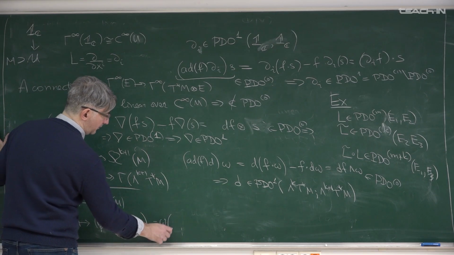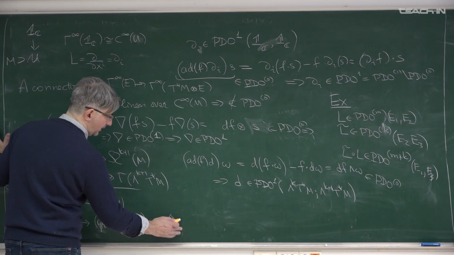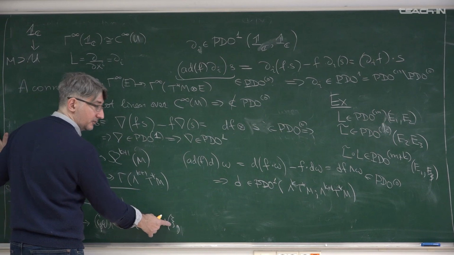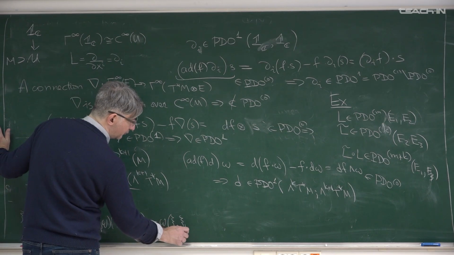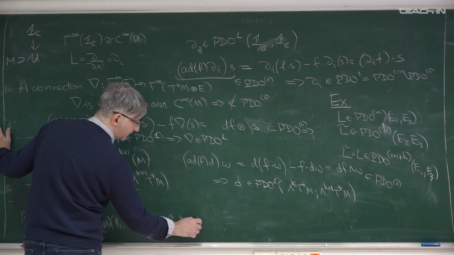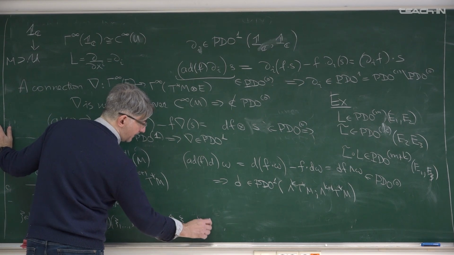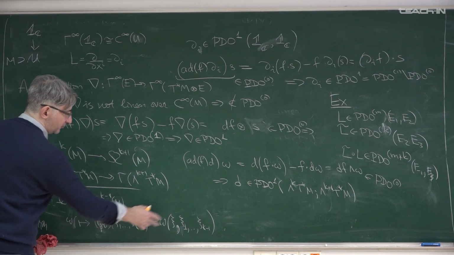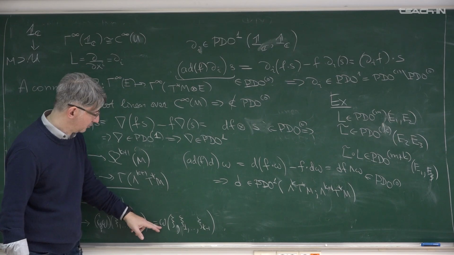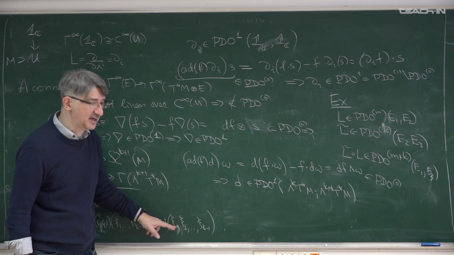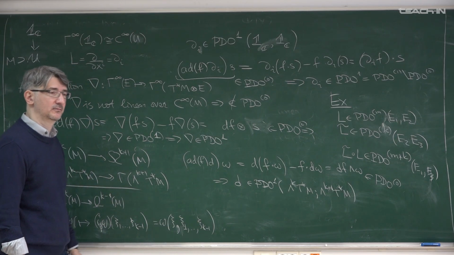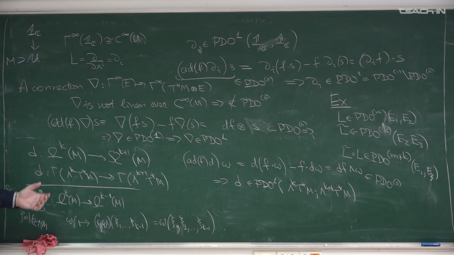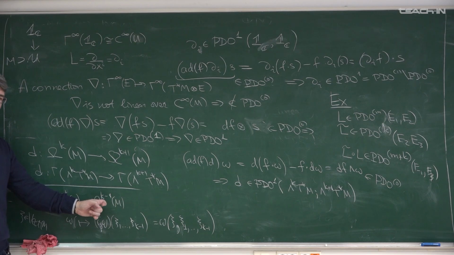Its value is given by the following. It depends on your preferences: I put xi in the first place, somebody puts xi in the last place. You substitute these arguments into the other places, so now you have calculated omega from k arguments. So this is a map from differential forms of order k to differential forms of order k minus 1.